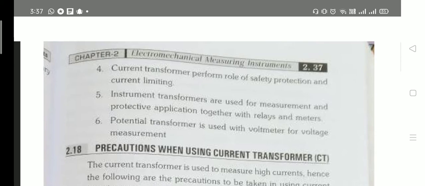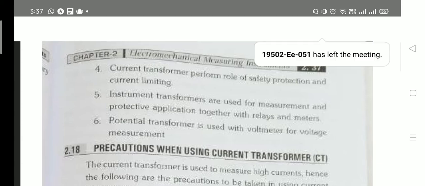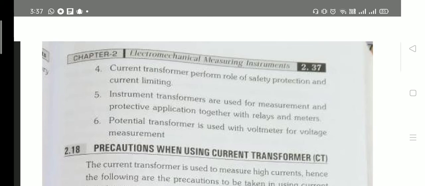In this potential transformer also we can reduce high voltage to low voltage, and low voltage to high voltage, and measure the voltage. These are the applications of the current transformer and the voltage transformer, that is, the potential transformer.